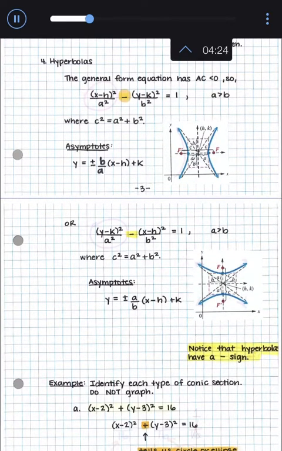If x comes first, then on this first one, we have a graph that opens left and right along the x-axis. But if your y comes first instead, then you'll have something where it opens up and down instead on your hyperbolas.